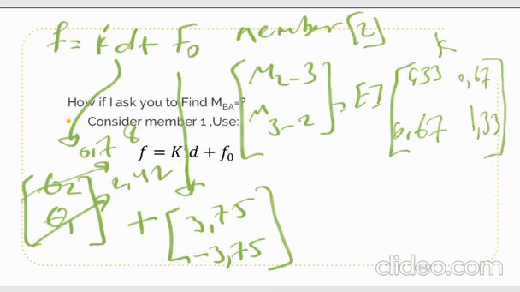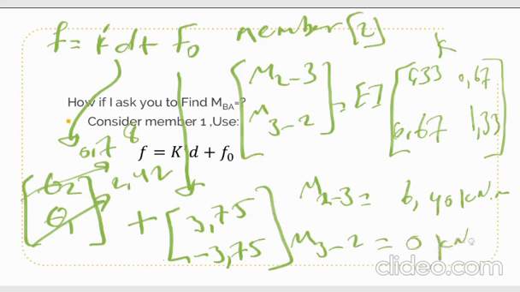Then just make your calculation, and finally you will get M23 equal 6.40 kilonewton meter. Moment 32 equal 0 kilonewton meter. So this is our matrix.